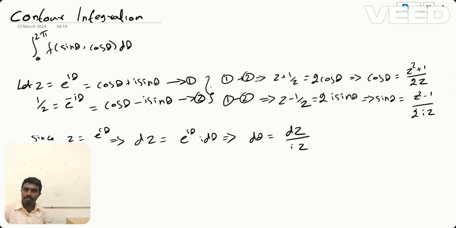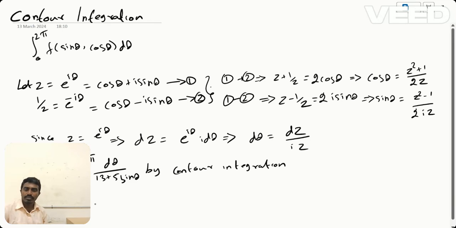So now write the problem. Evaluate integral 0 to 2 pi d theta by 13 plus 5 sin theta by contour integration. First substitute the solution.